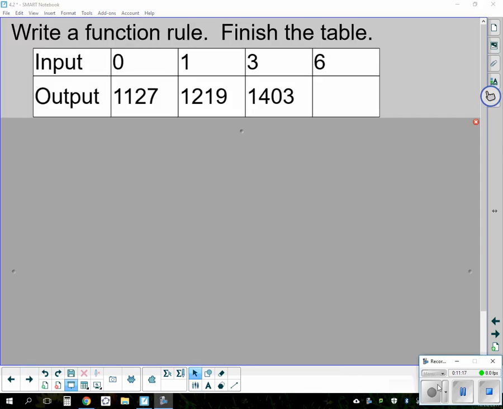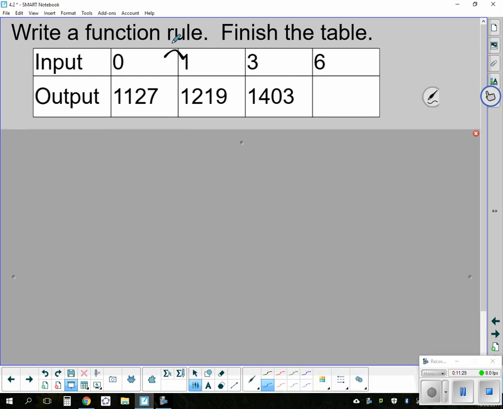Okay, so working on writing these function rules, you want to first see if it's linear or nonlinear. To do that, you're going to do exactly what we've been doing the whole time: figure out if you have a constant rate of change. So here you're adding 1, here you're adding 2, and here you're adding 3.